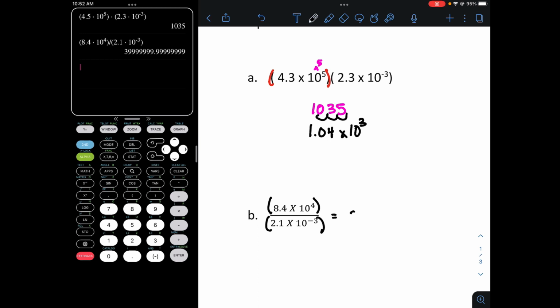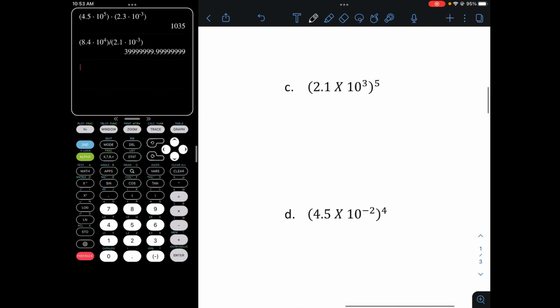And what do we got? 3 point. I'm just going to count this here. 1, 2, 3, 4, 5, 6, 7. So 4 times 10 to the 7th. Just checking that is what that one would be.